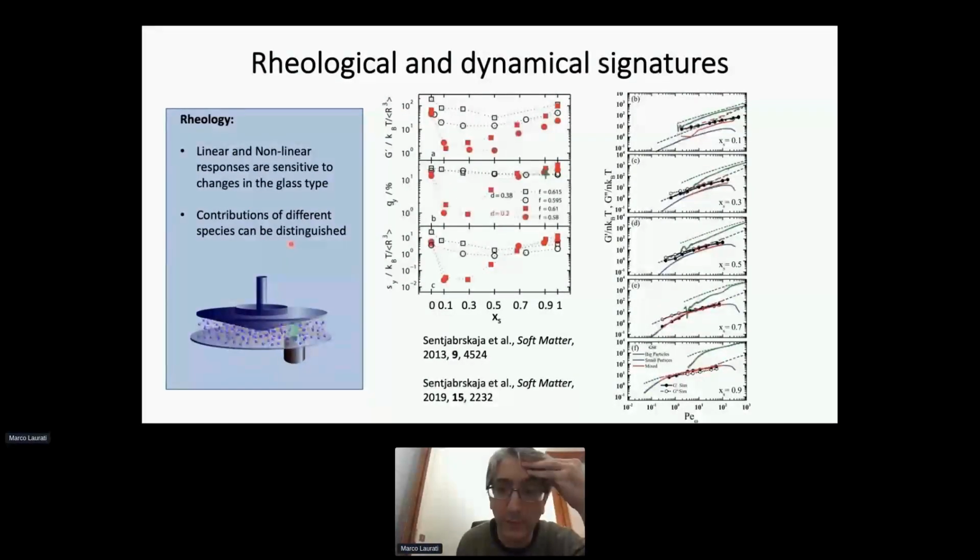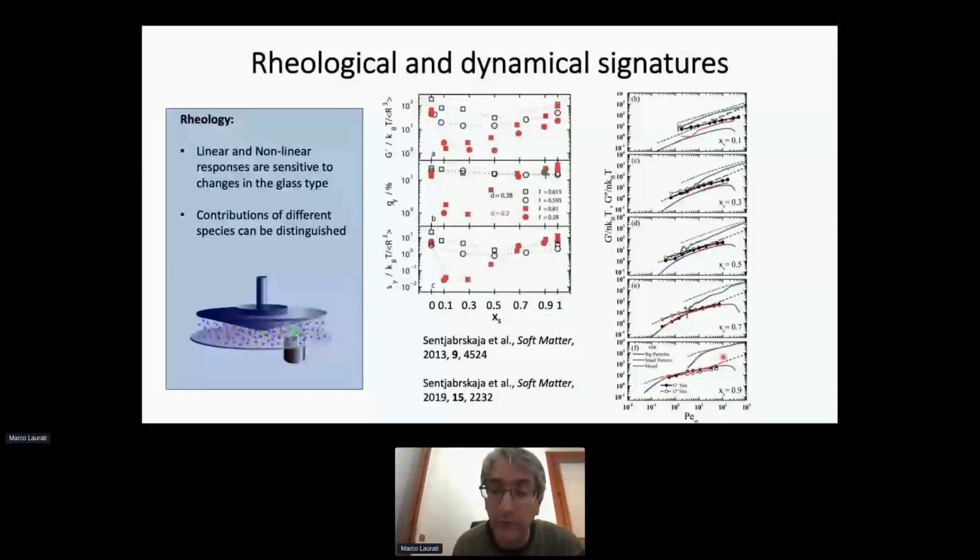And this could be shown by extracting the components of the rheological response by comparing experiments with simulations. And indeed, we could see that, for example, the large particles were dominating the average response at a small fraction of small particles. But then, of course, there is again a transition to a response dominated by the small particles.